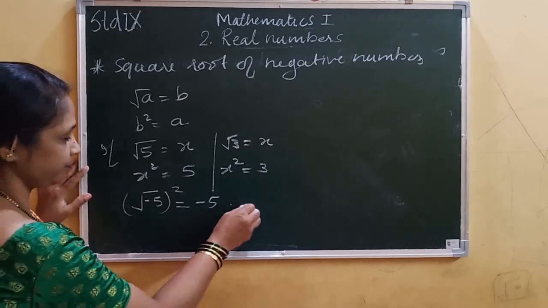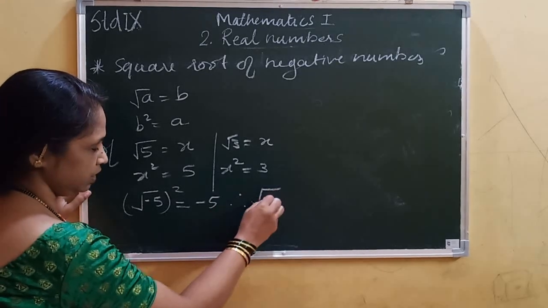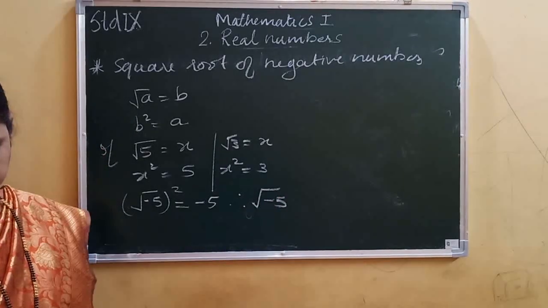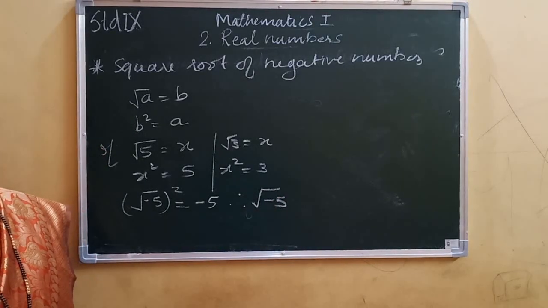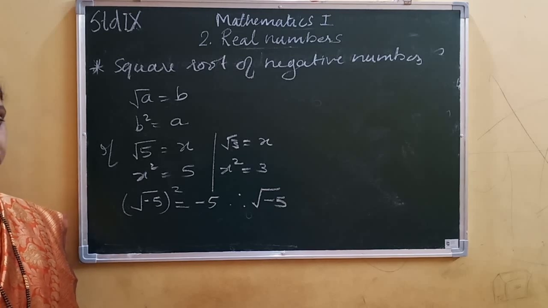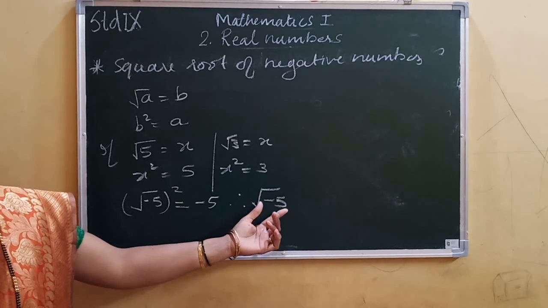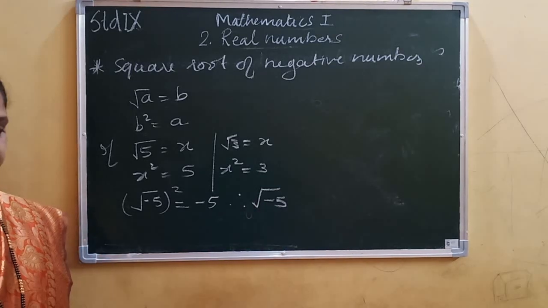Therefore under root minus 5 is not a real number, and the square root of negative real numbers is not a real number.